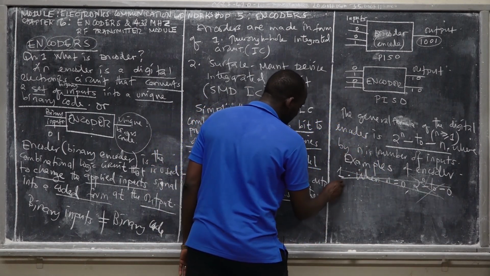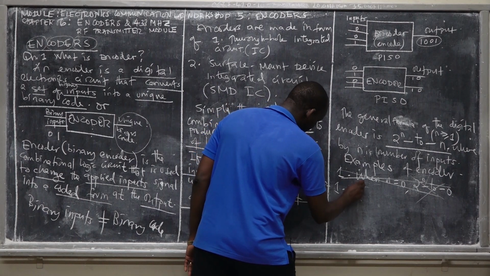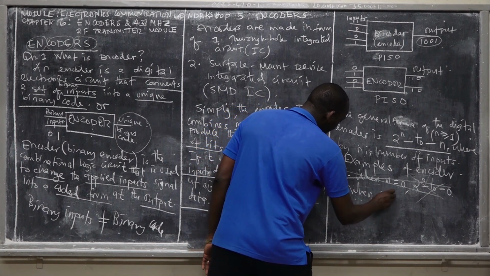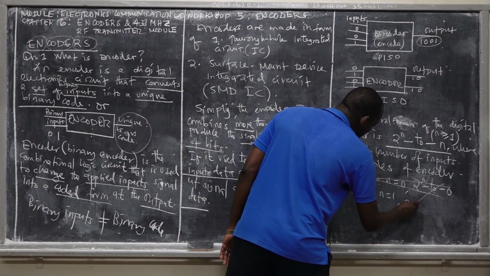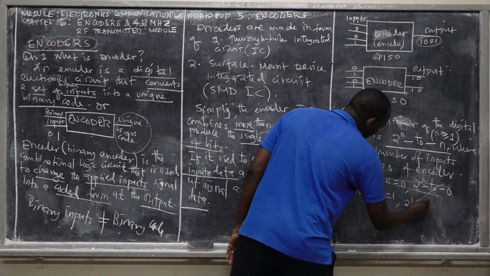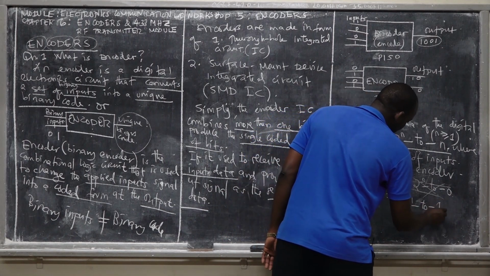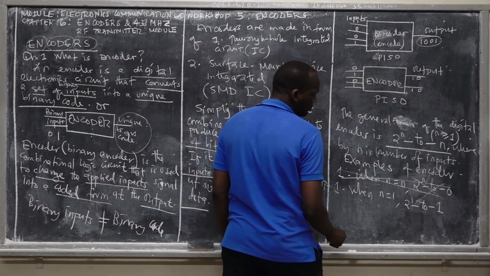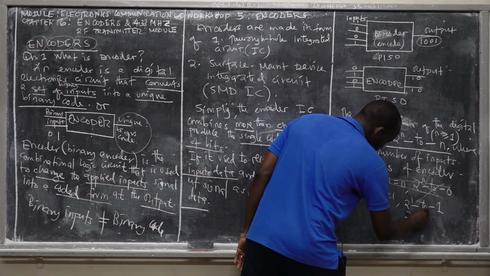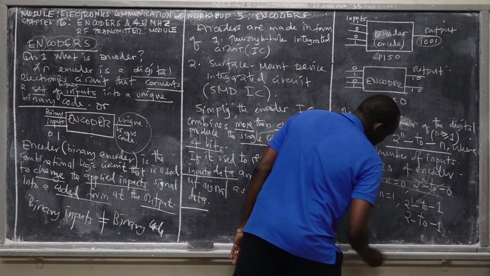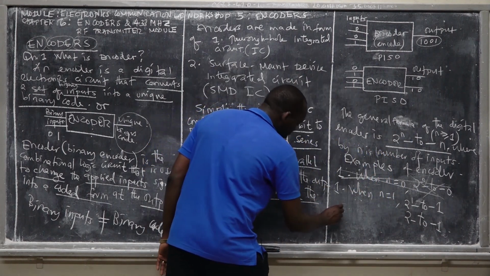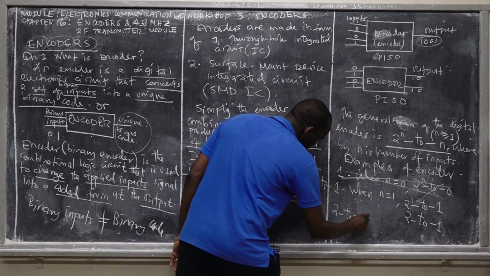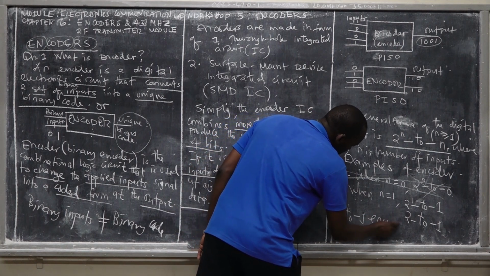So we say that the first encoder is when n is equal to 1. When n is equal to 1, we're going to have 2 power 1, and then dash n, which is 1. So 2 to 1. The first example is a 2 to 1 encoder.